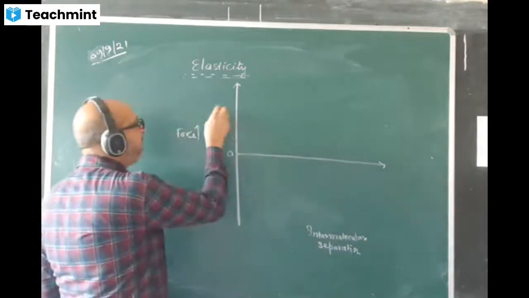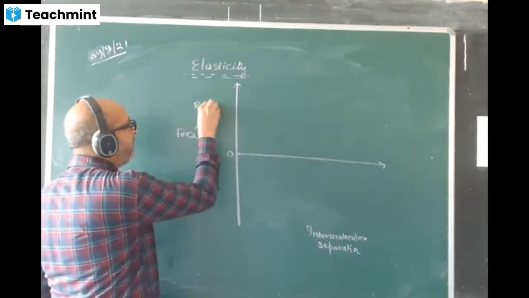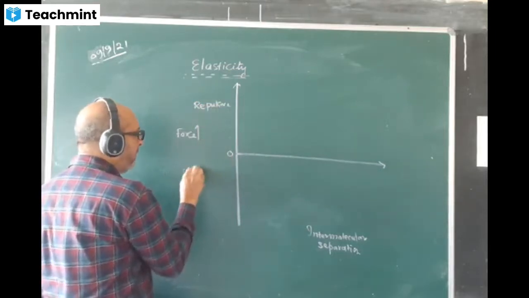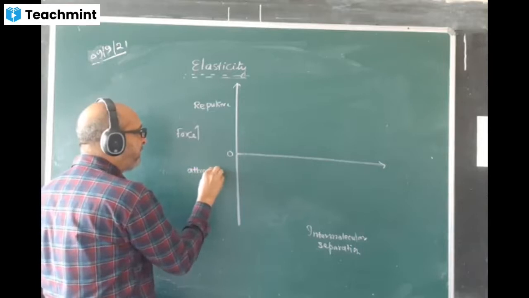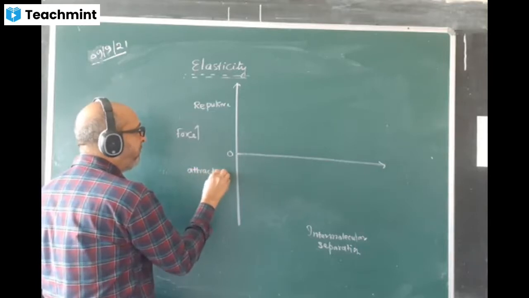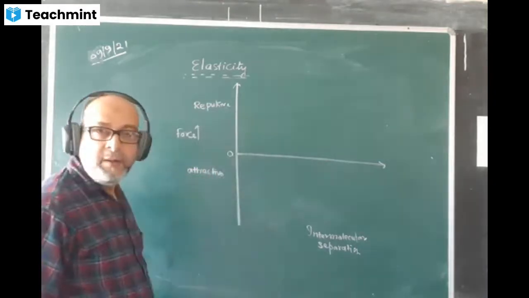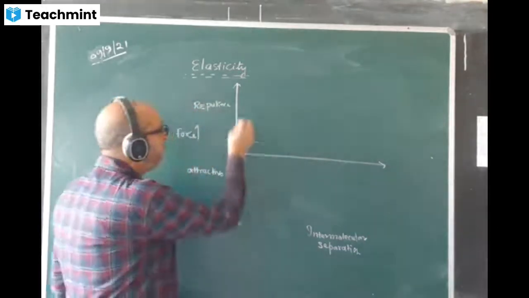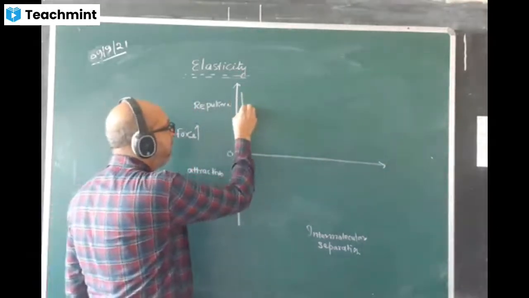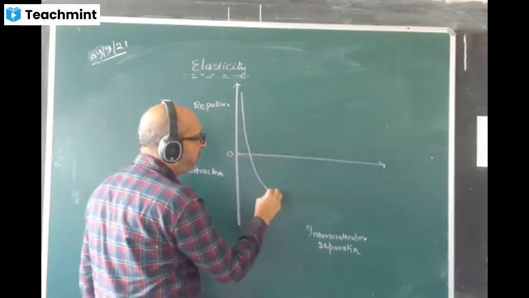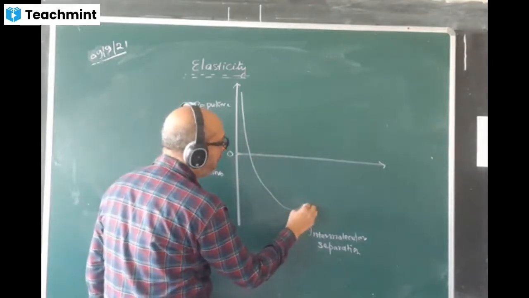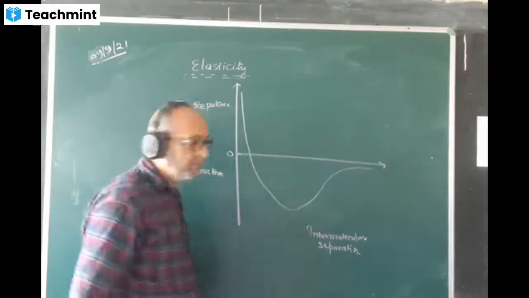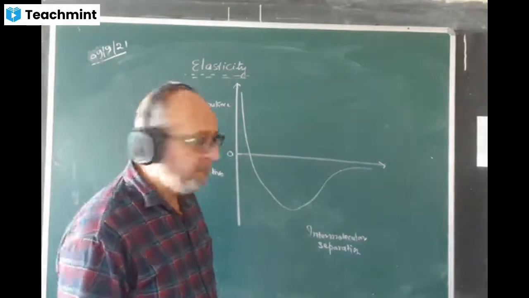Here at 0, and on this side repulsive, this is repulsive force, and this side attractive, that means force of attraction. The graph will come as a typical curve, and it comes like this. It will be coming from here like this.